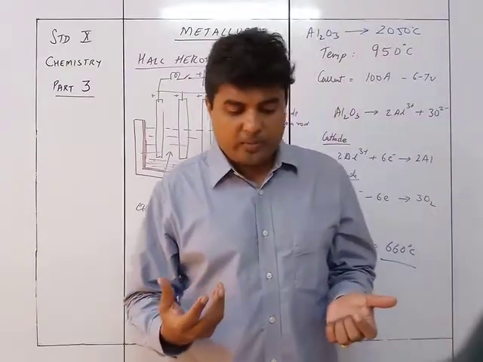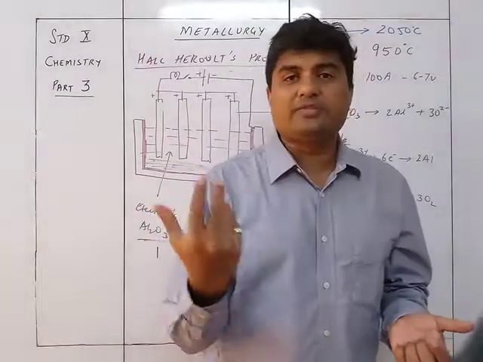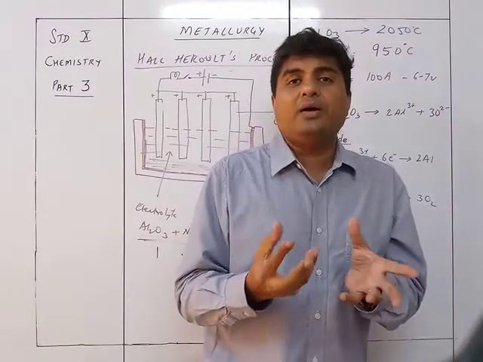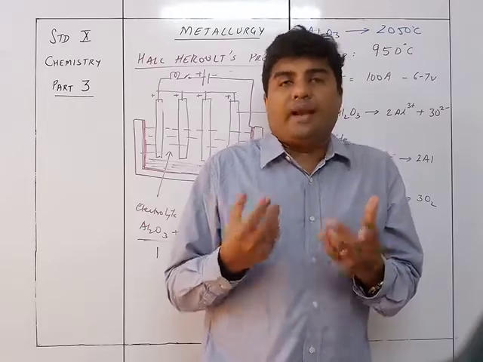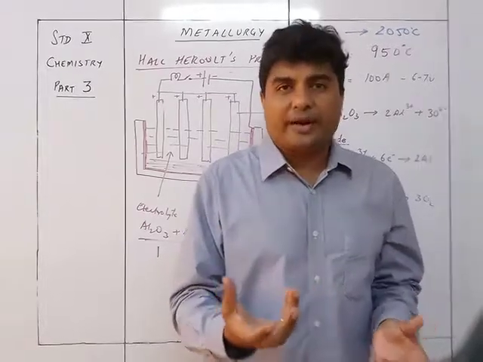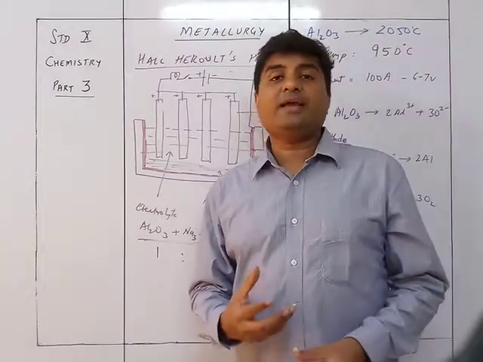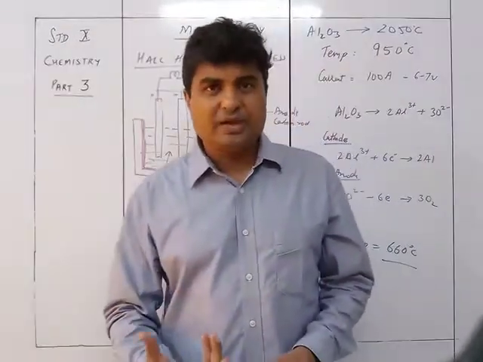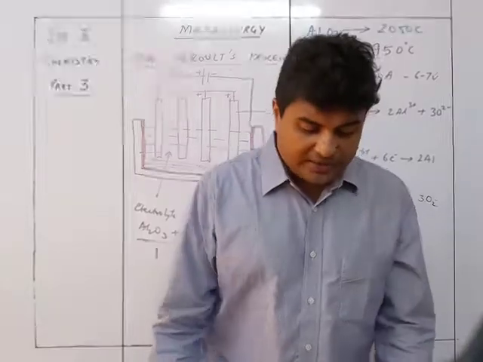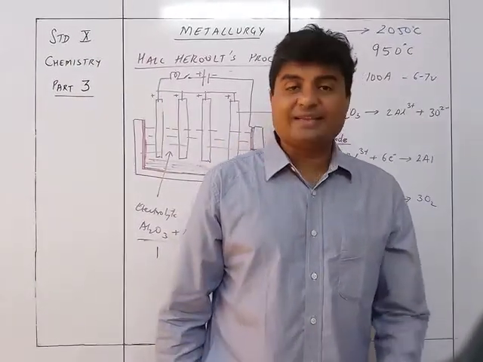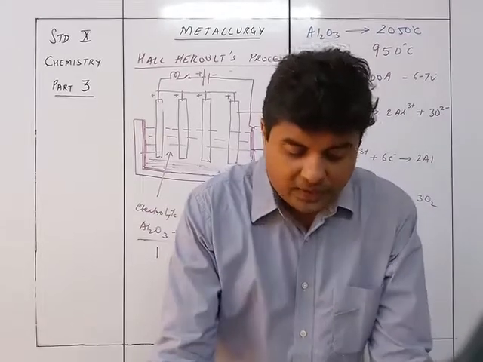It is a non-electrolyte as such, so we need some kind of agent so that it becomes a good electrolyte. So when cryolite and fluorspar are added, they give good mobility to the aluminum oxide. That's why they enhance the mobility of the fused mixture by acting as a solvent in the electrolytic mixture.